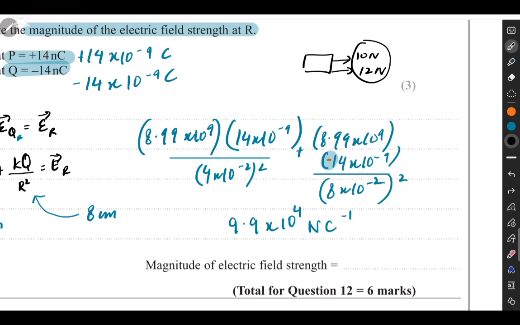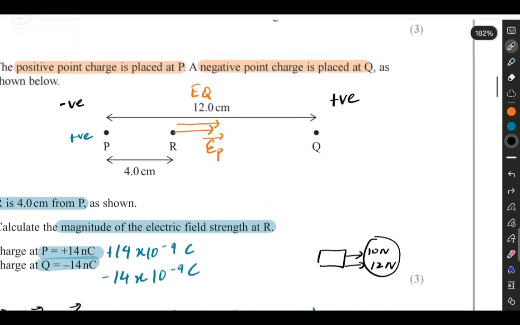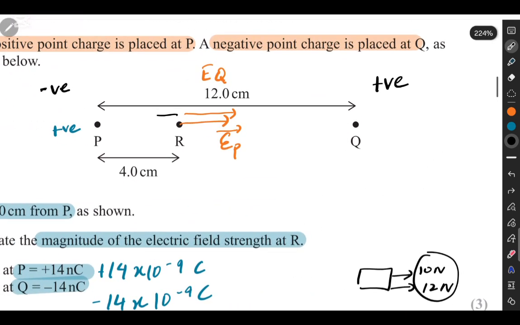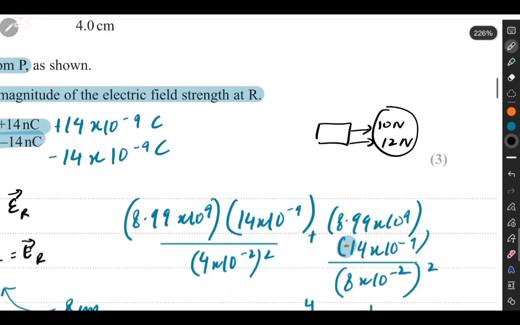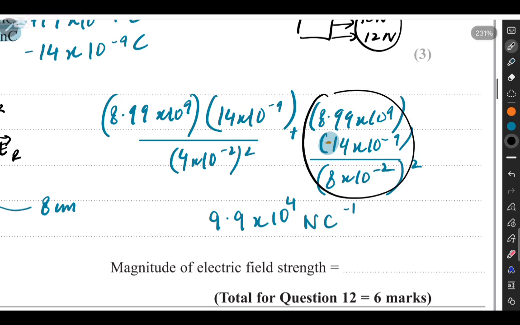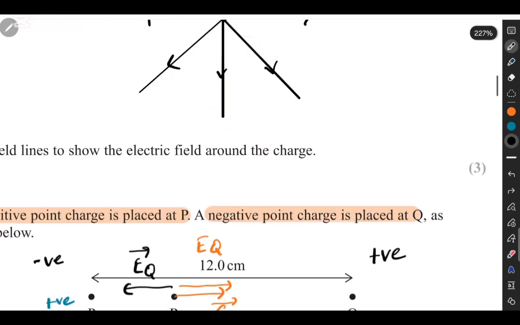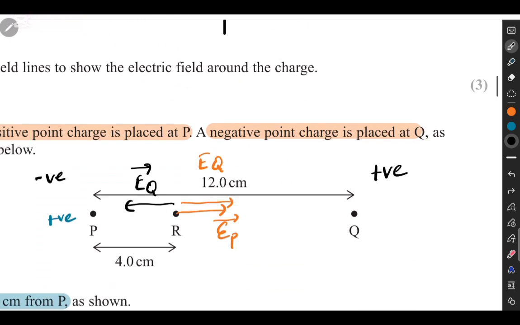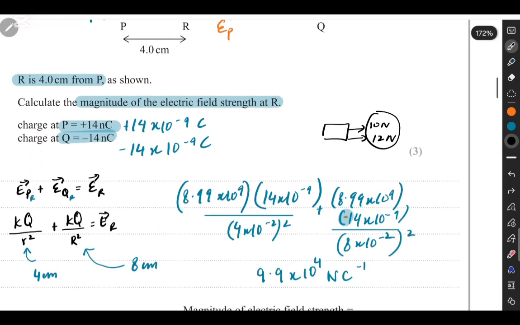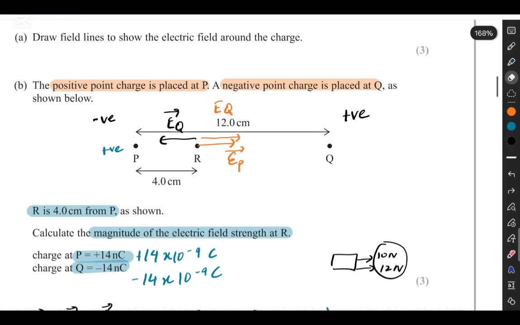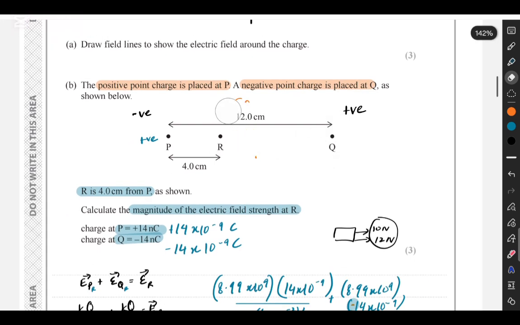Because if you put that negative sign, and you get a negative answer for this and add it with this, you are saying that the electric field due to Q is acting in the opposite direction. That's why I ignored the negative sign, because I just want to add their positive values, because they're in the same direction. Make sense?